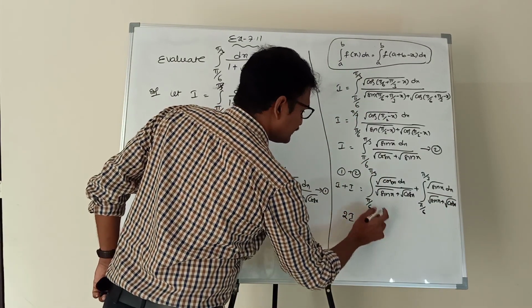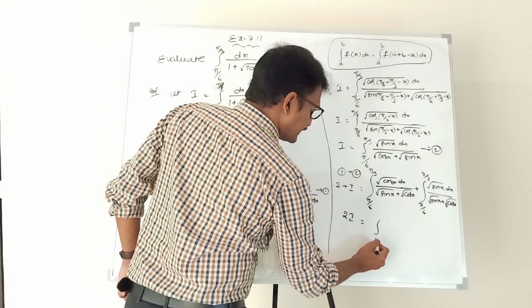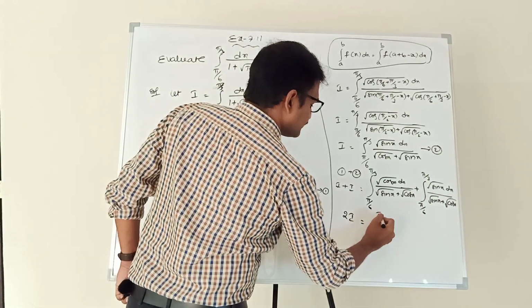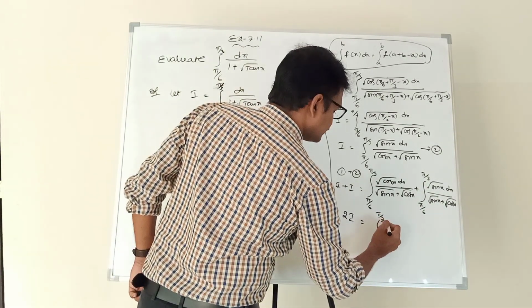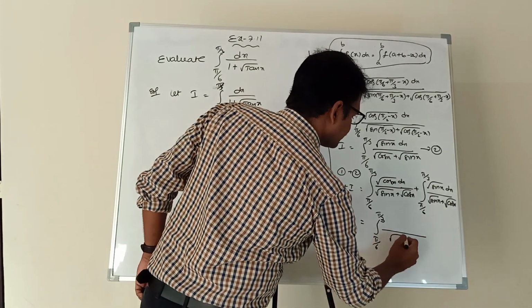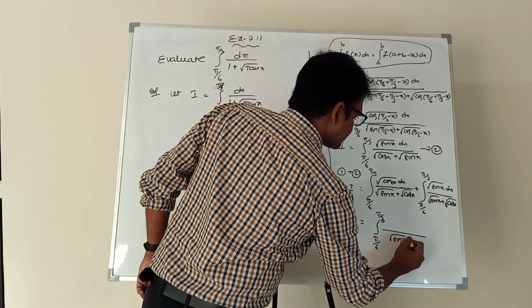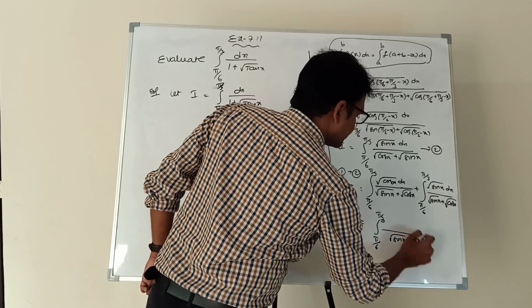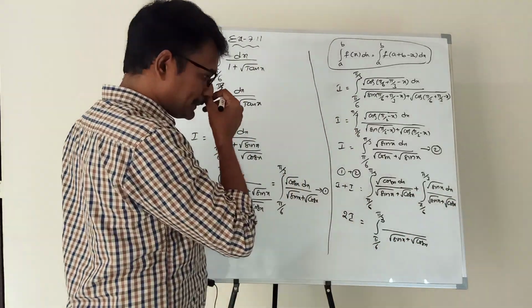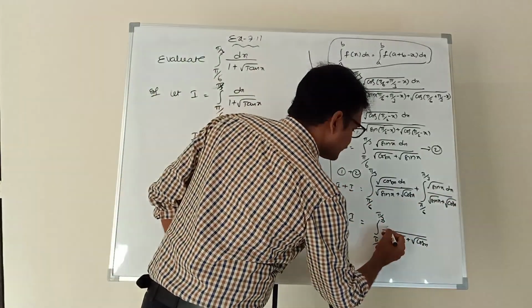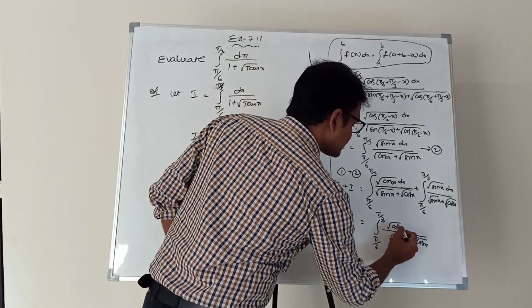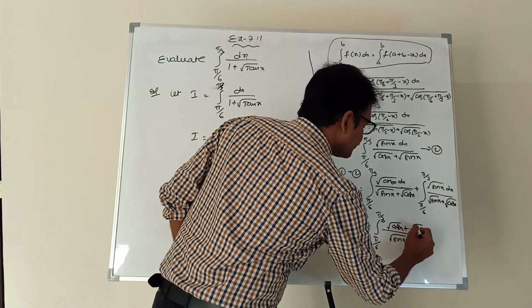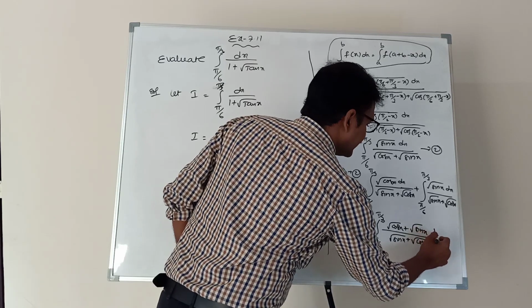2I is equal to the integral from pi by 6 to pi by 3, taking the common denominator root sin x plus root cos x. In the numerator you have root cos x plus root sin x dx.